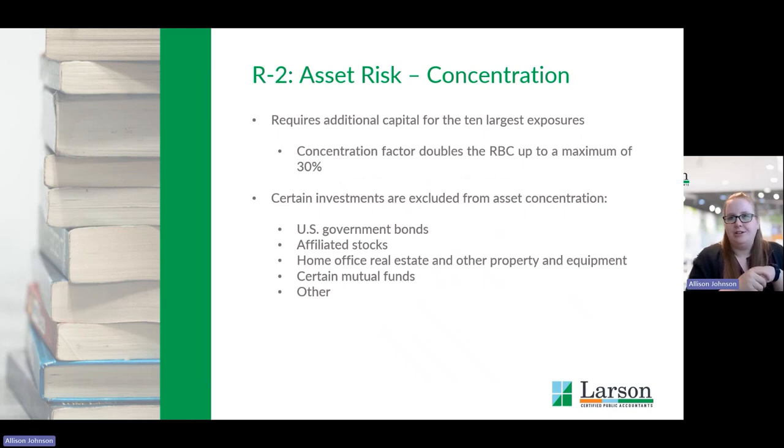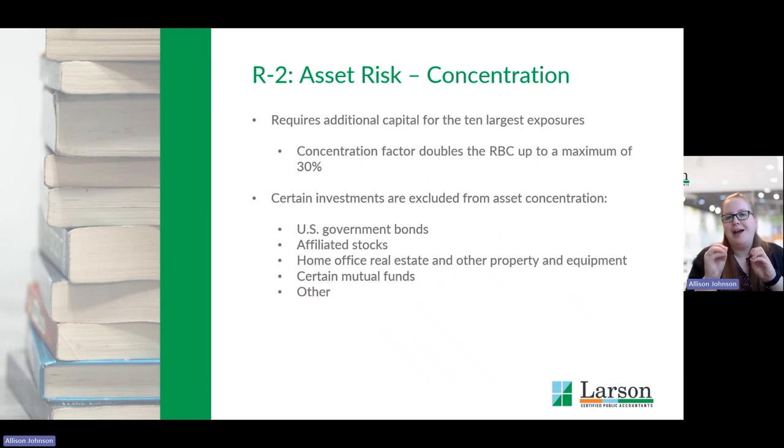There is also a concentration RBC charge for equities. So it requires you to look at your top 10 exposures. So the largest 10 holdings you have essentially, and then the RBC factor on those will double. There is a cap that it can't be more than 30% RBC charge, which if you remember the initial charge on equities is 15%, so it shouldn't exceed 30, but you would apply that to your 10 largest.